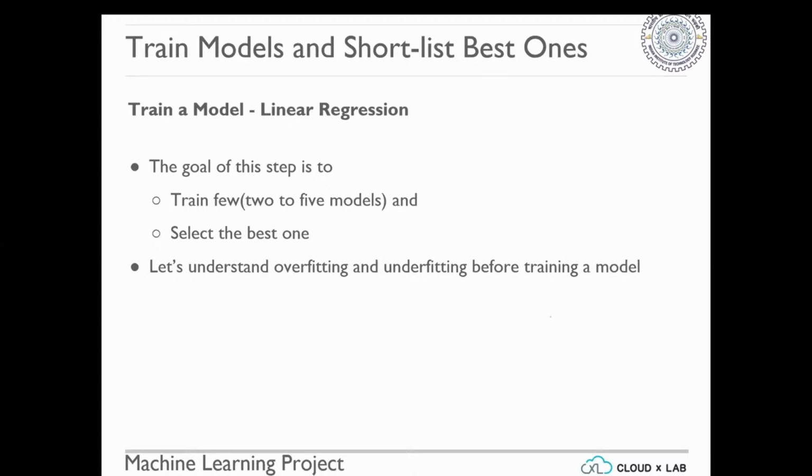We will use validation data to decide the best model, because we cannot use the test data. Test data we will use as a proxy for future data. So for model selection, for picking the best model, we will only use the validation data and not the test data. Test data we will only use one time.